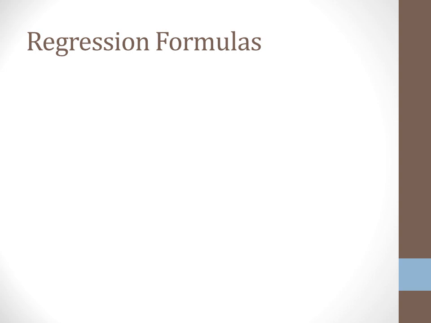Now let's go ahead and talk about the regression formulas. We introduced the regression formula earlier in this lecture, and now I want to break these down in terms of how we compute them. For the slope, we simply take the sum of products and divide it by the sums of squares.